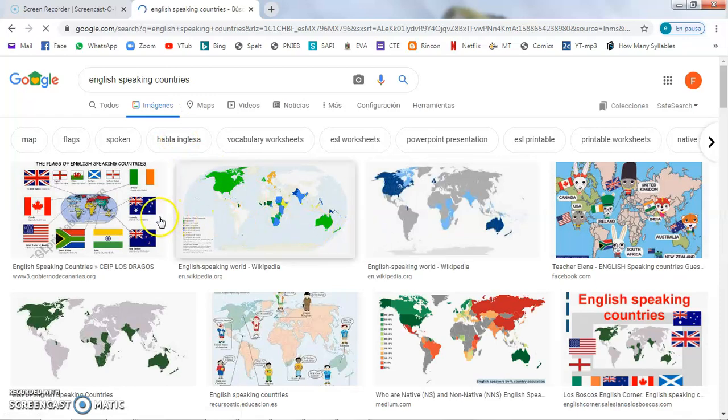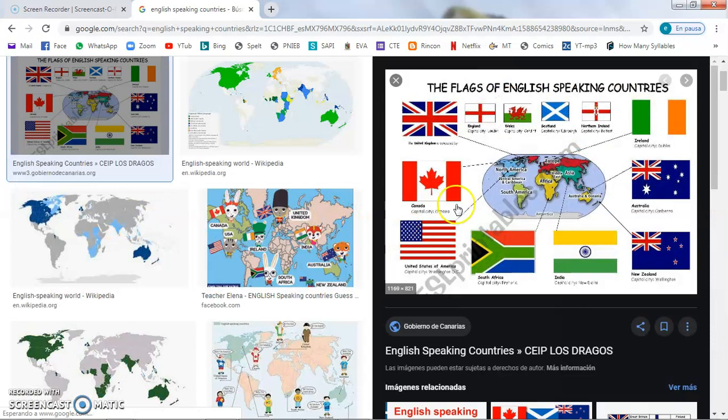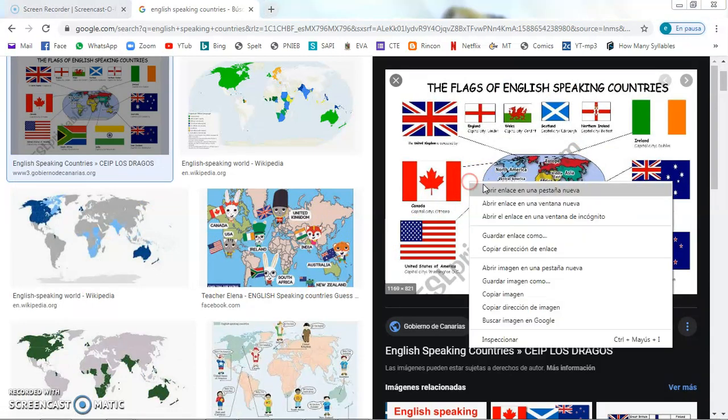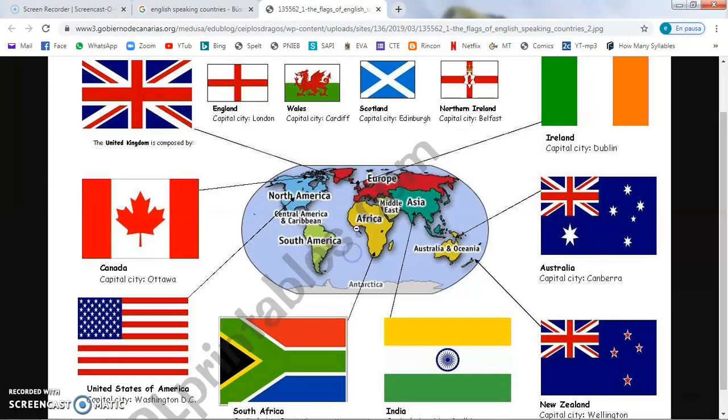I like this one because it shows where you can find these English-speaking countries. For example, in North America, in Africa, in Asia, Europe, Oceania, Australia, and you can find them.